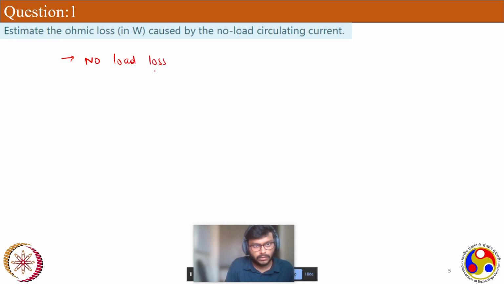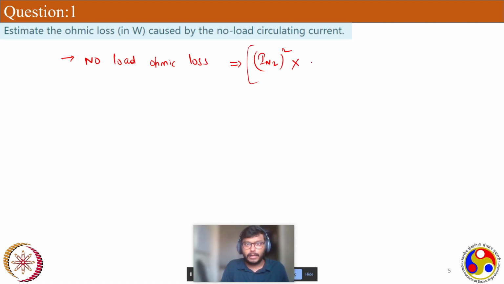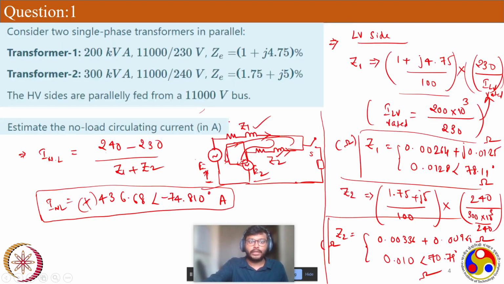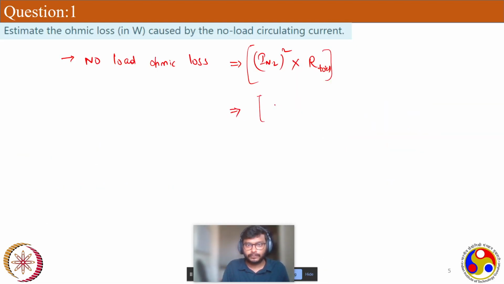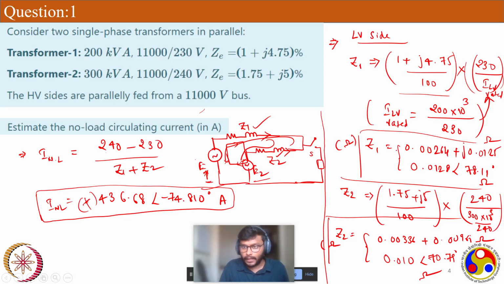No load ohmic loss is equal to the magnitude of my no load current squared, multiplied by R total. So what is my no load current magnitude? That is 436.68, squared.